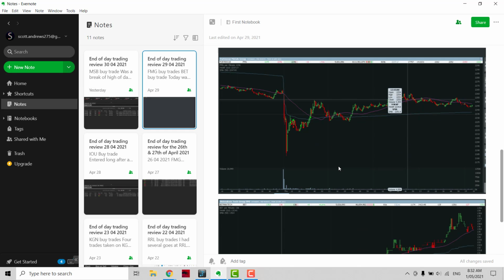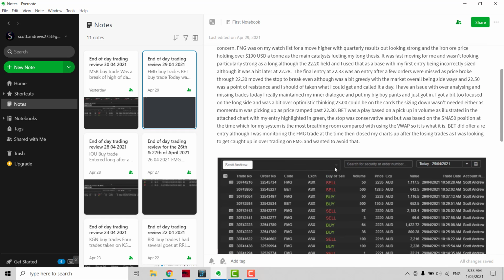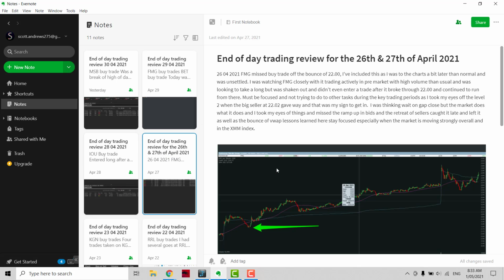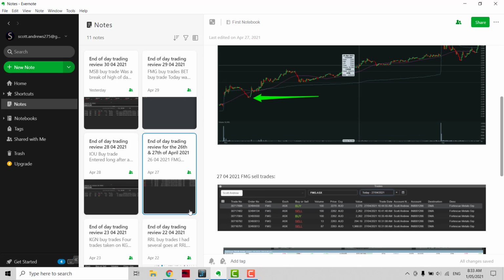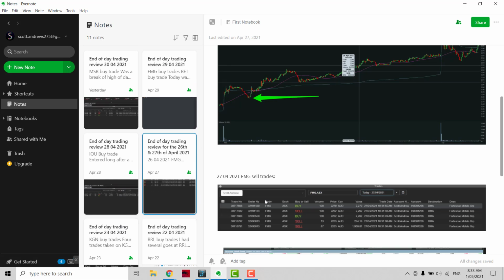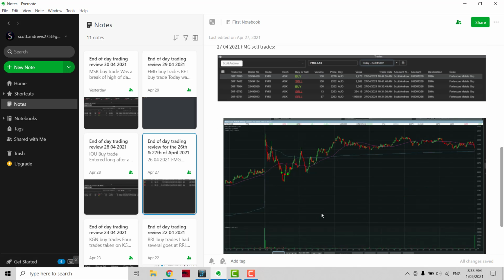There was one sell trade that I have taken. All over the place here a little bit. Oh no, here was the sell trade of Fortescue when it was breaking down a little bit. It's multiple attempts at it.